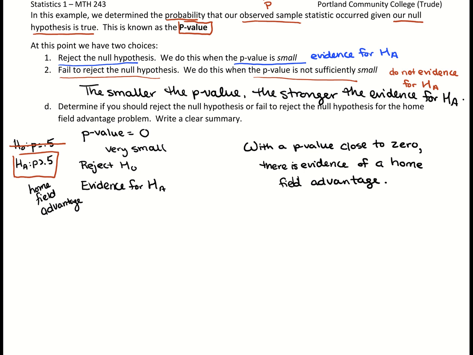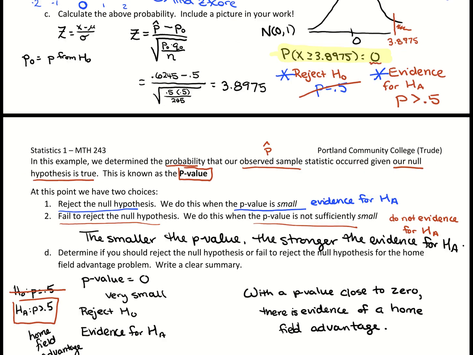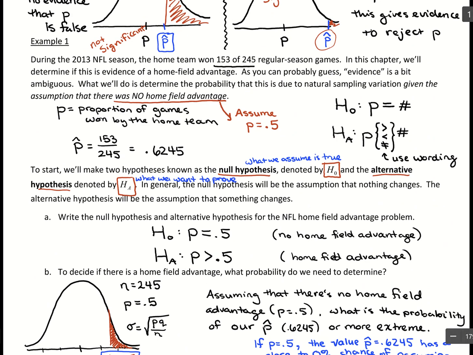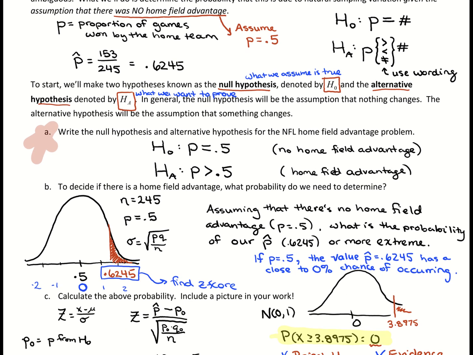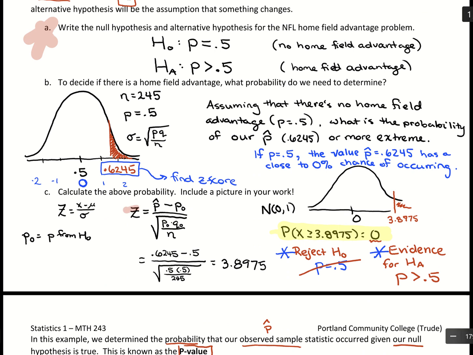So, to take you through the steps that we're going to do for our hypothesis tests, we'll be given wording that describes some assumption and some sample results. Then what we'll do is make our null and alternative hypotheses. Then we'll need to create a z-score for our value.